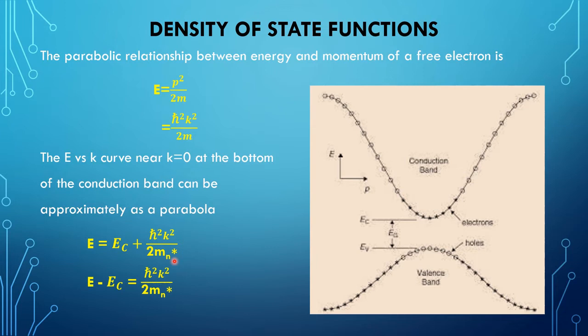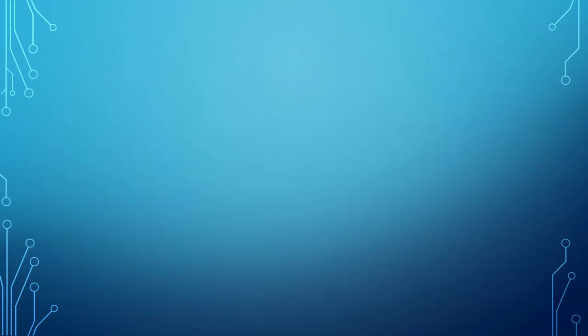So, we can rewrite the equation as E minus EC equal to h cut square k square by 2 mn star. We can think that the electron at the bottom end of the conduction band behaves as a free electron with its own particular mass. Because of this similarity, we can generate the free conduction band electron model.